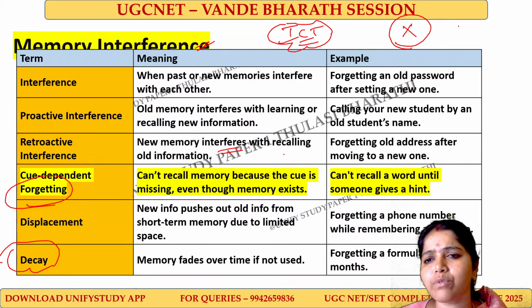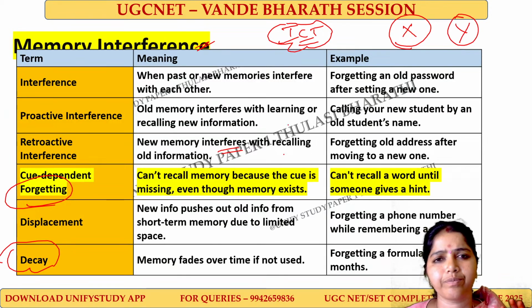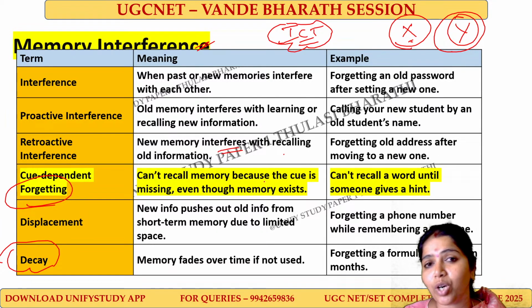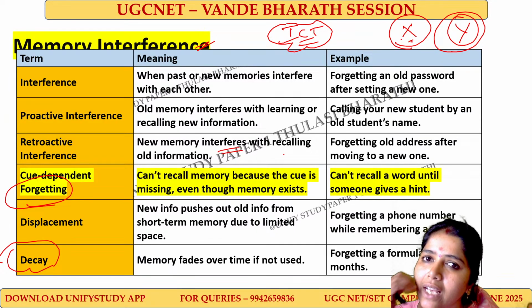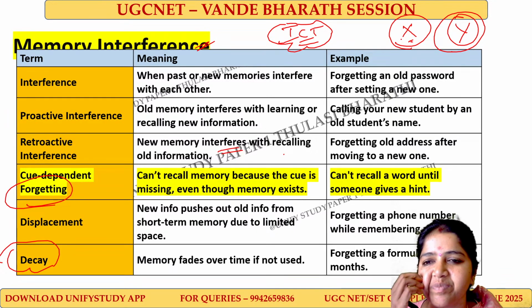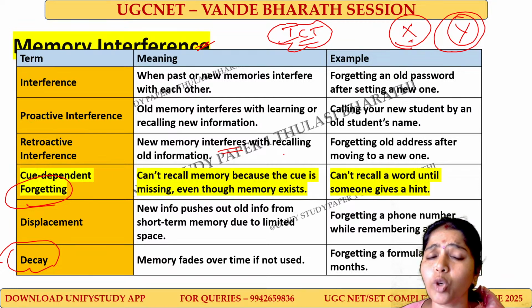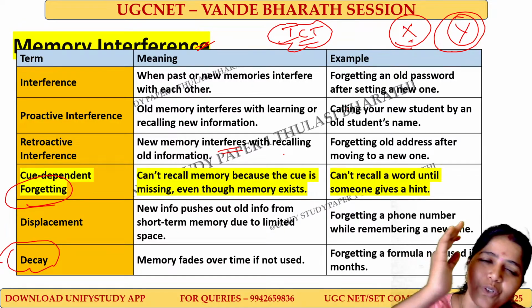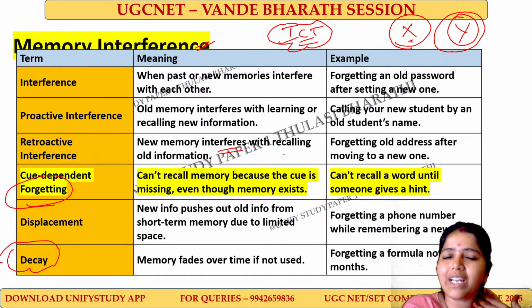Suddenly one day I'm going out with a different friend. I want to call this friend, but I call this friend by the old name. Why? Because whenever I go out, I used to call this girl, this friend only. So my memory understands that whenever I go out, it will call by this name only.